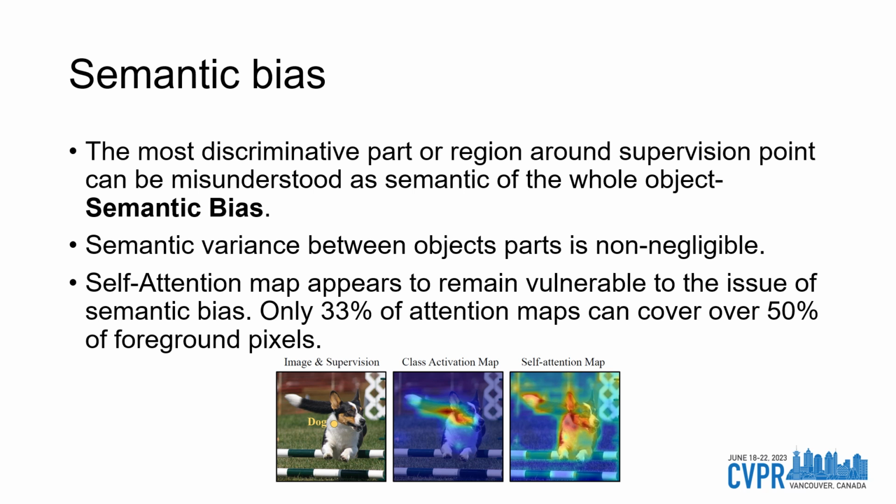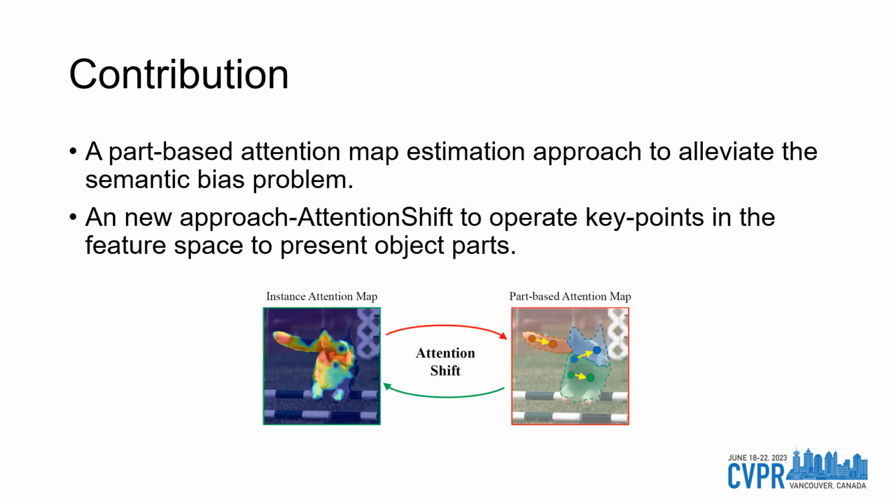In our statistical analysis of vision transformers, we found that only 33% of self-attention maps cover more than 50% of the foreground pixels, despite their ability to model long-range feature dependencies. Self-attention maps still appear susceptible to the issue of semantic bias. In this study, we present attention shift as a solution to address the issue of semantic bias.